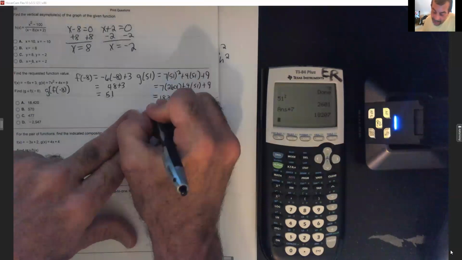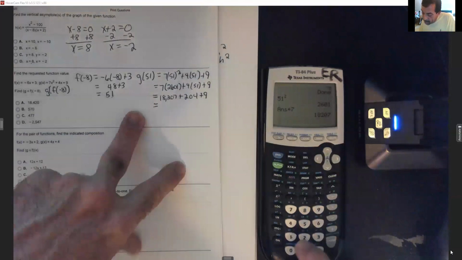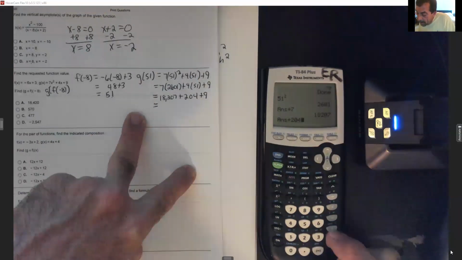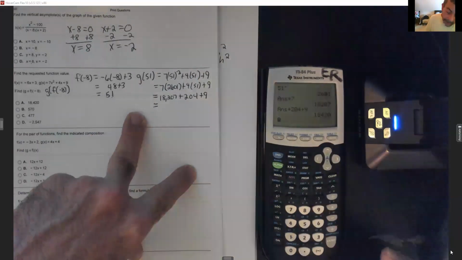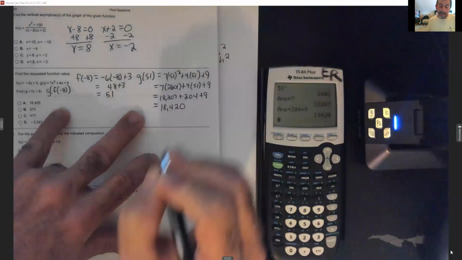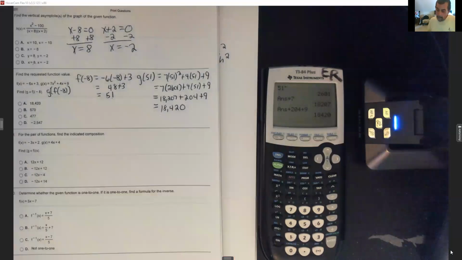Let's see, if we add all them up, 18,207 plus 204 plus 9, we get 18,420, which is A. Woo, that's a big number.